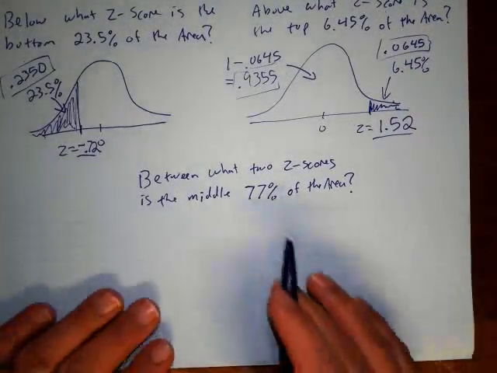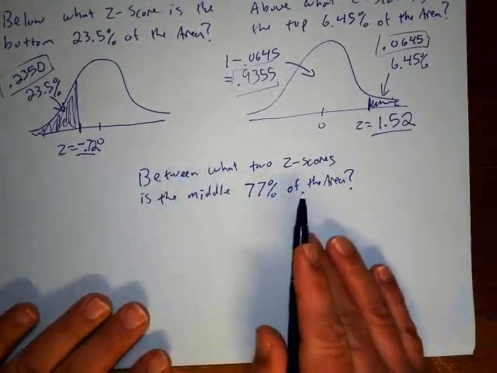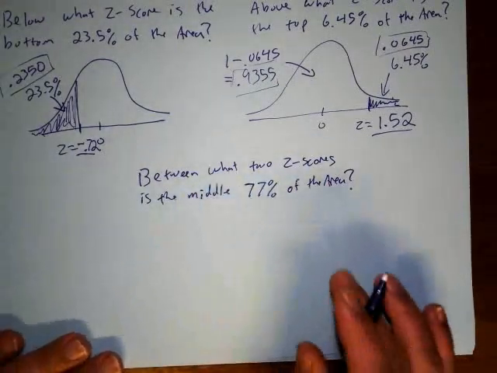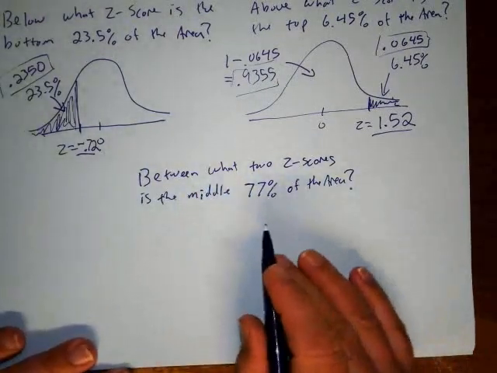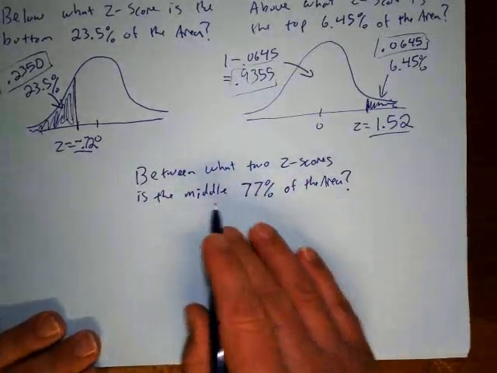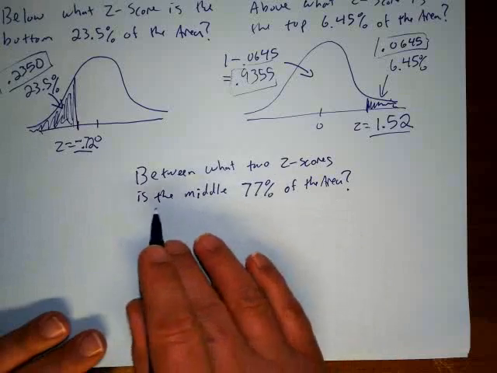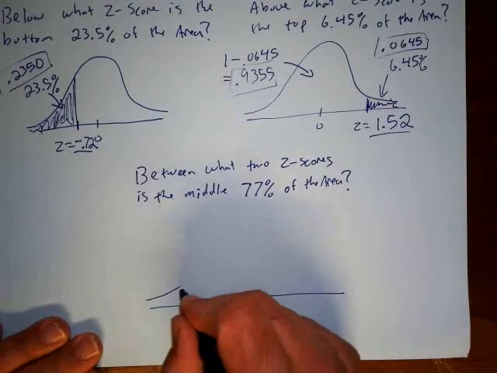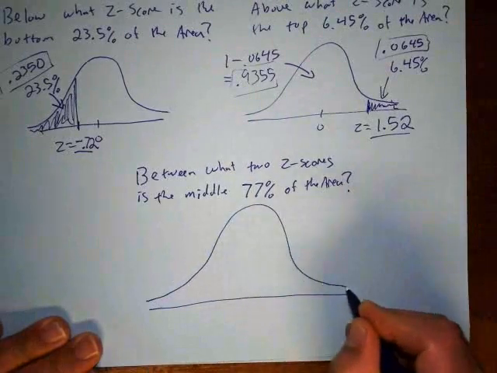Okay, and then one of the other problems would look like this. This is almost one of the most important problems because this is one of the things you use in inferential statistics, as we will see when we get to chapters 7 and 8. It says, between what two z-scores do you get the middle 77% of the area? Okay, so what do I mean here?